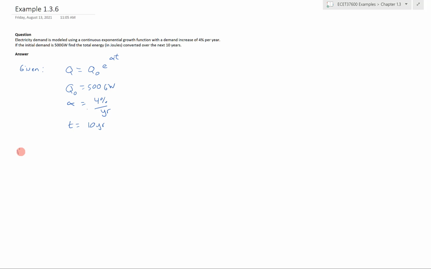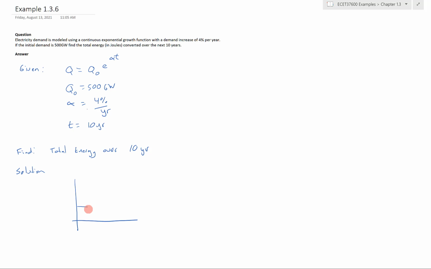And we were supposed to find total energy over a 10-year period. So how are we going to approach this? What we need to do is think about what a demand curve teaches us.